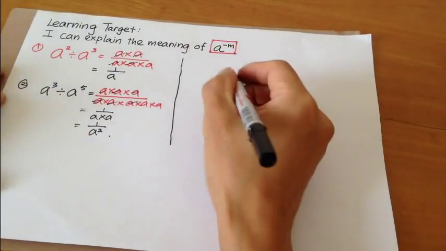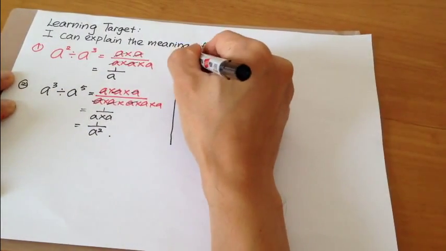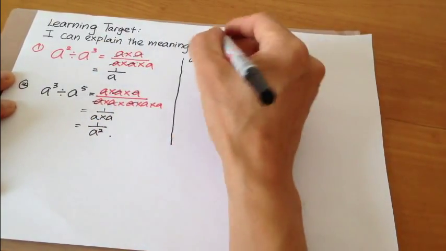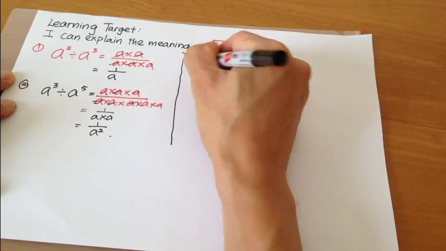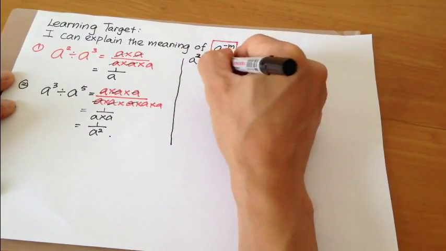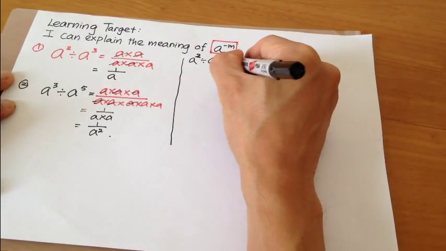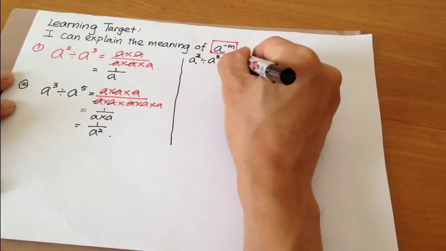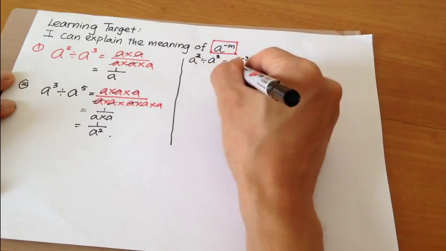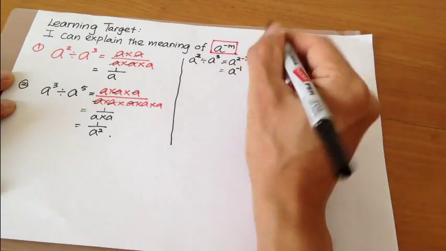Now let us observe what we've learned before. In the previous lesson, if we have a squared divided by a cube, and I use the method of taking the difference of the indices, then it's 2 minus 3, so I have a to the power of negative 1.